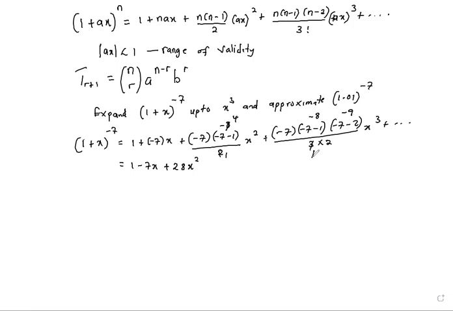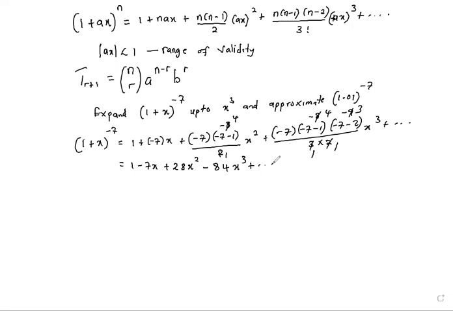So 3 here, 1, 3 there, 3. 2 here, 1, 2 there, 4. So we're having another number. That is 7 times 4 or times 3. So we get minus 84 x power 3. That's our expansion.